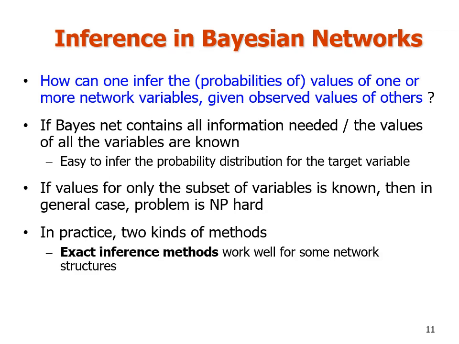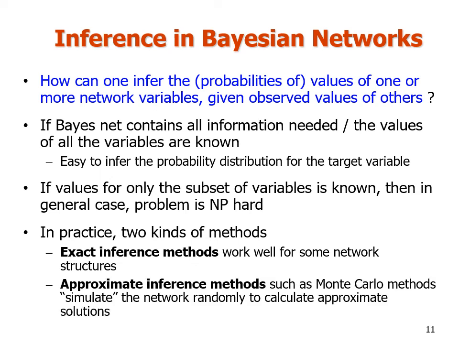The exact inference methods work well for some typical network structures, whereas the approximate inference methods are developed that sacrifice precision to gain efficiency. Such methods include one of the most popular methods known as the Monte Carlo method, which simulates the network randomly to compute approximate solutions.